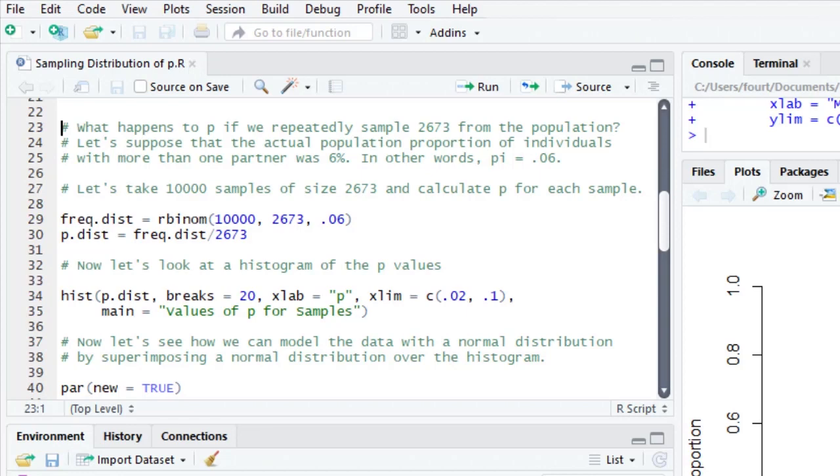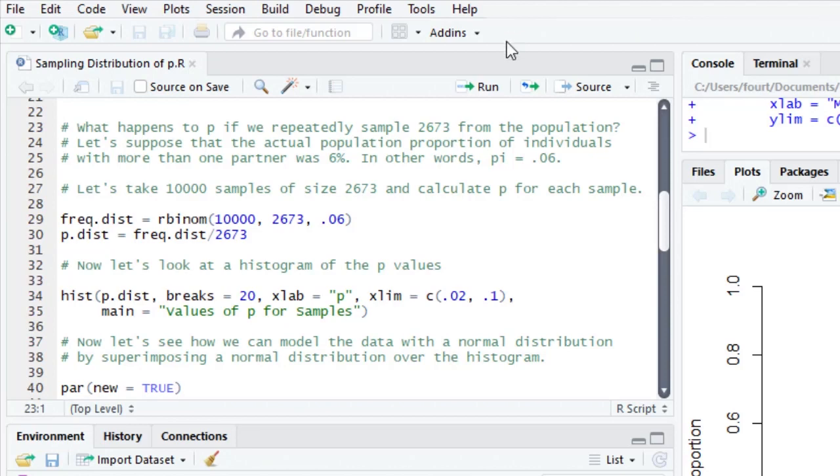I am going to take 10,000 samples of size 2,673. Remember, what's of interest here is the sample size, 2,673. To create a sampling distribution, we would take an infinite number of samples, but the problem is I don't have enough time to take an infinite number of samples, so I'm going to take a large number, namely 10,000.